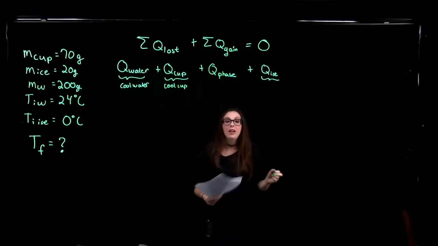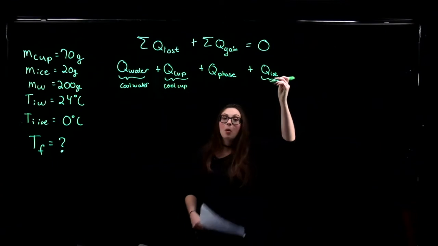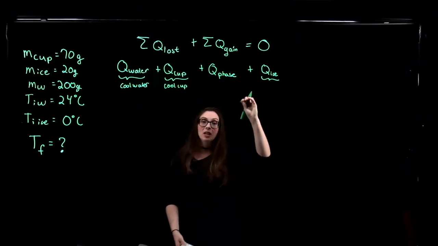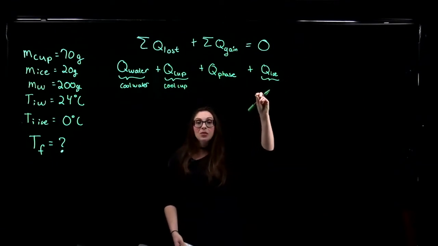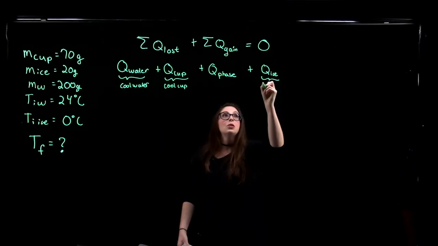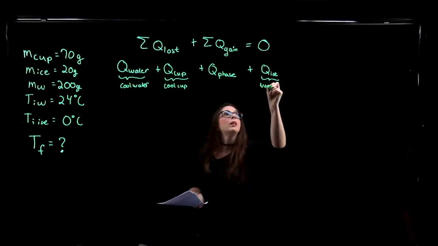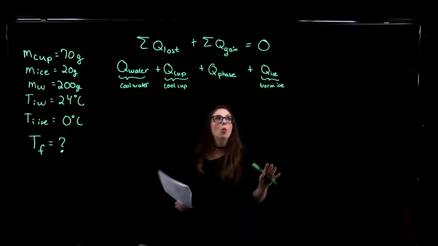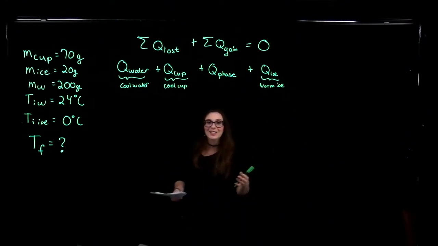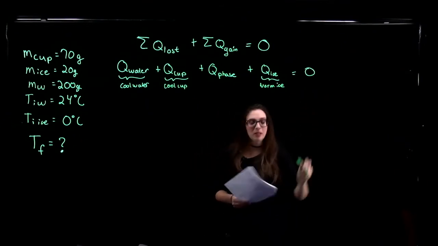And then finally, we have the heat gained by that mass of ice as it warms from 0 degrees Celsius to our final temperature. So this is a heat gain. We'll call that Q to warm ice. We're essentially warming the mass that was once ice up to our final equilibrium temperature, and that all has to equal 0.